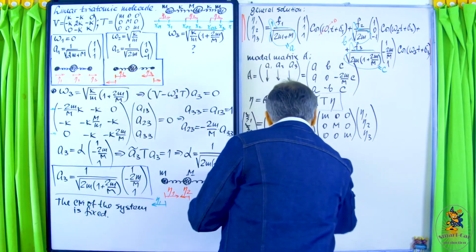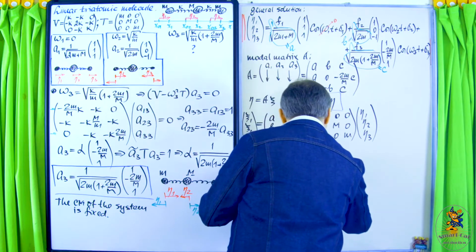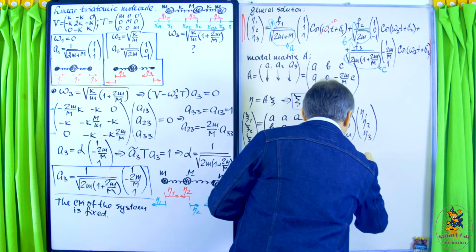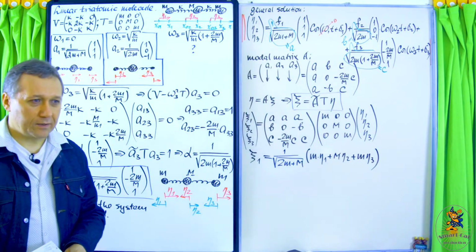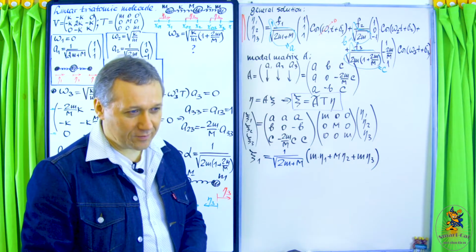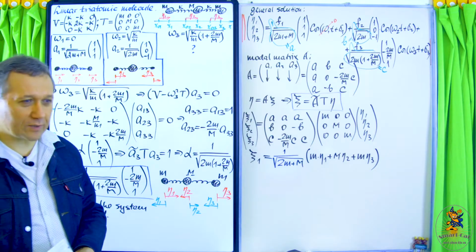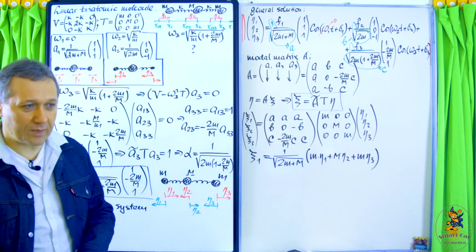So it will be m small times eta1 plus m capital times eta2 plus m small times eta3. So that's the linear combination of old coordinates, the most convenient in terms of physical description of the system, to psis, which are the most convenient from the mathematical point of view.